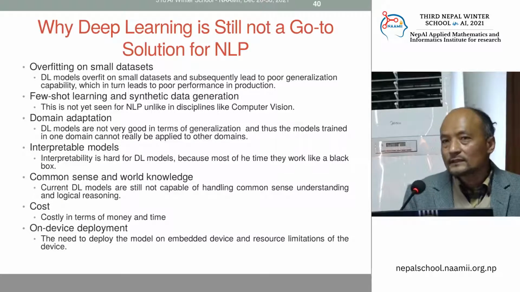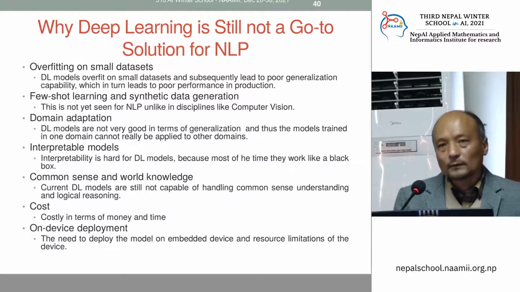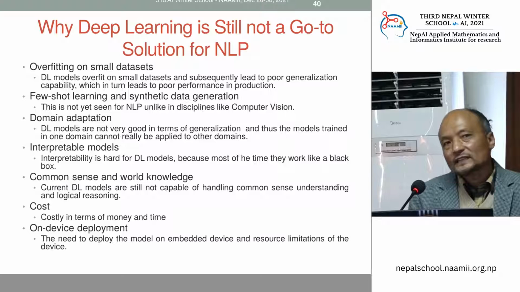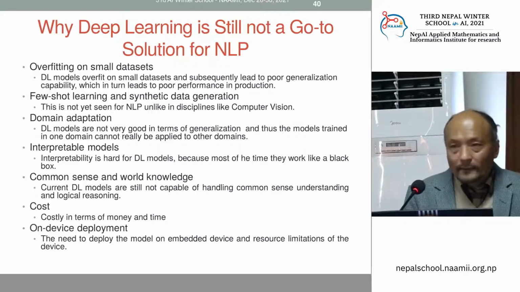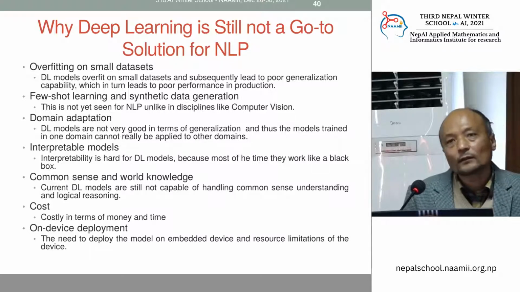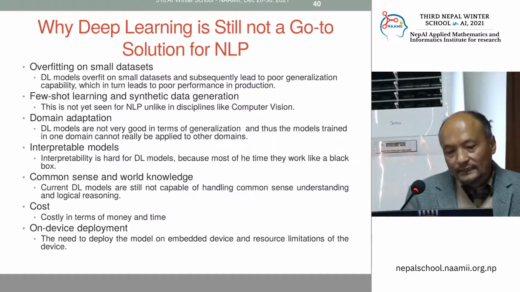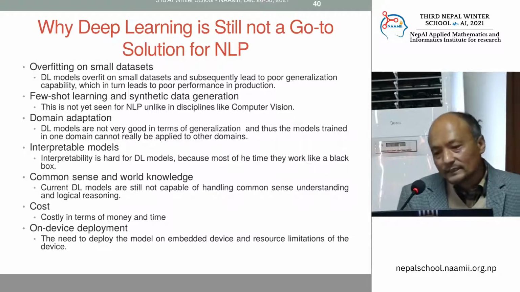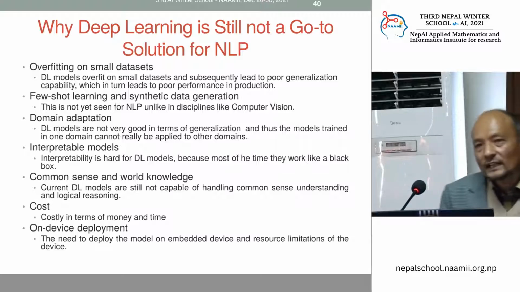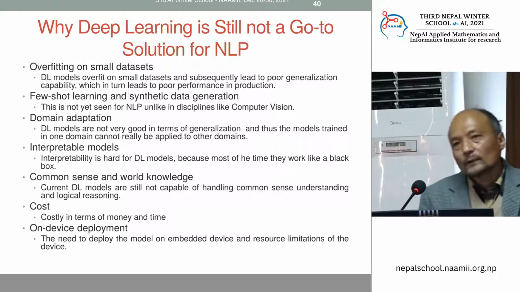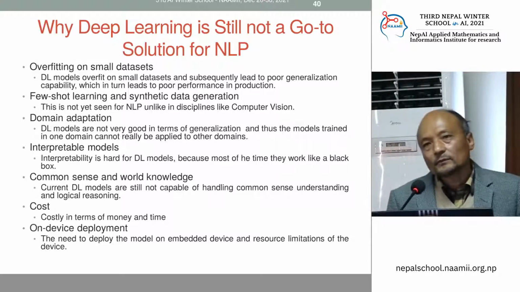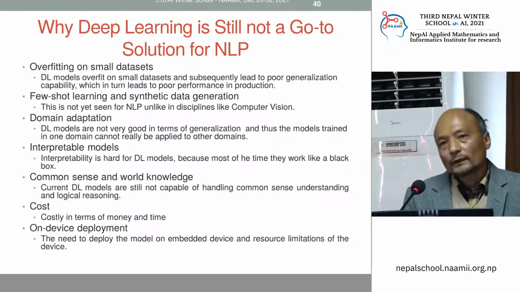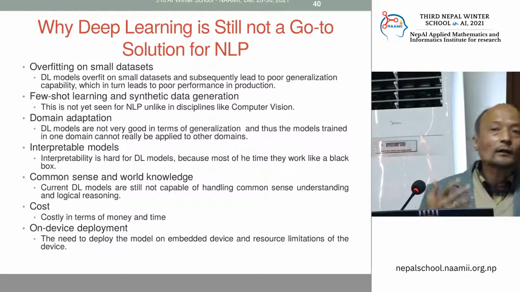Of course, it all depends upon the problems we are trying to solve. For example, transformers have revolutionized machine translation. The quality of the output of these transformer models for problems like machine translation has been really laudable.